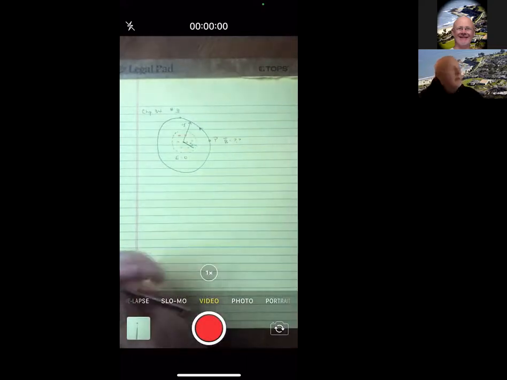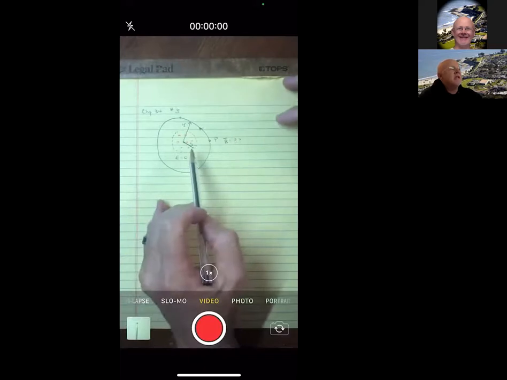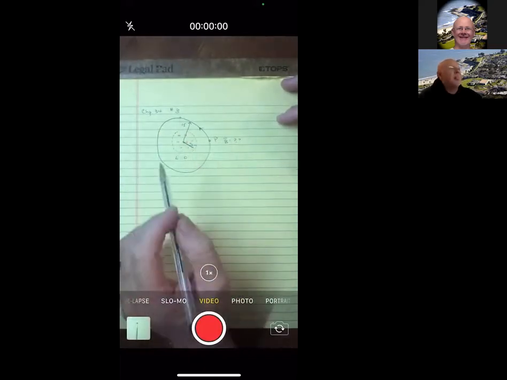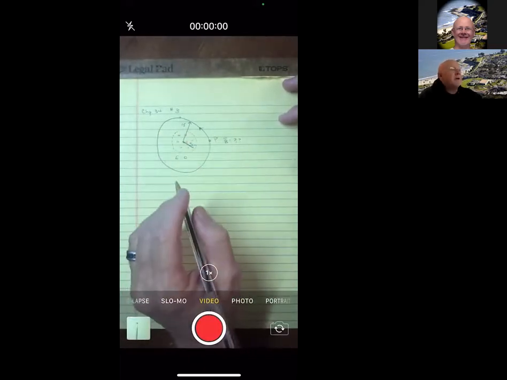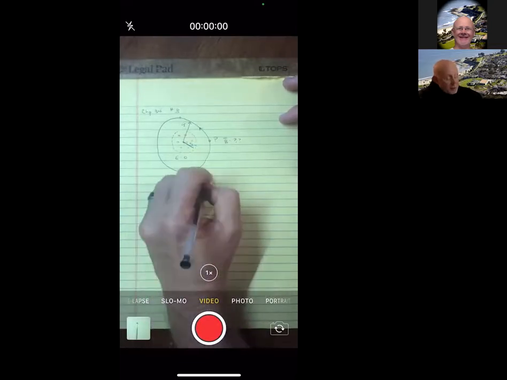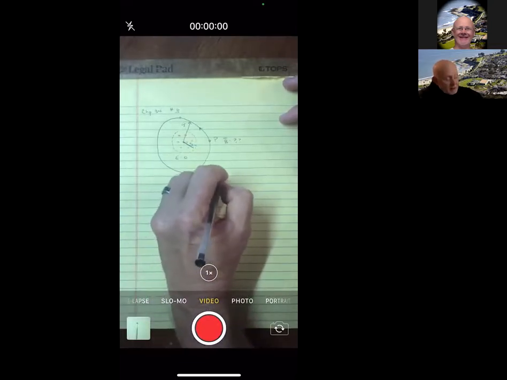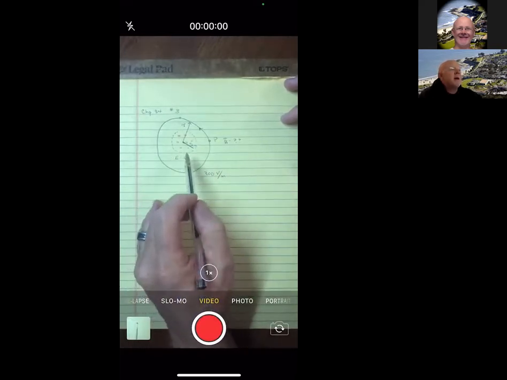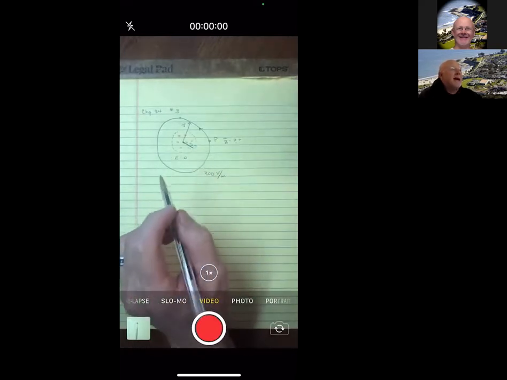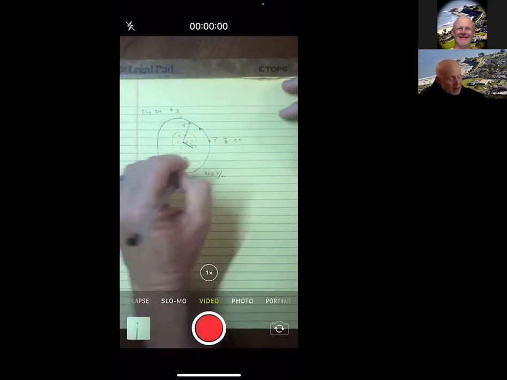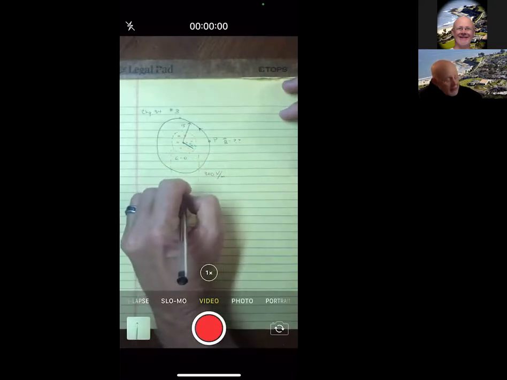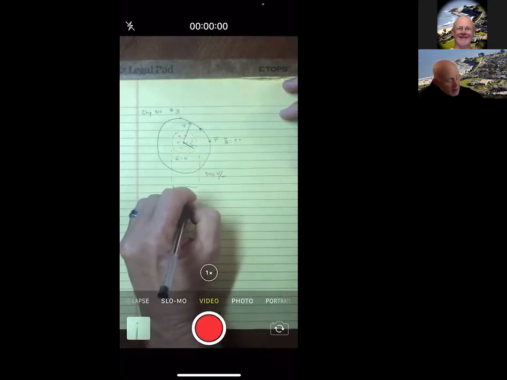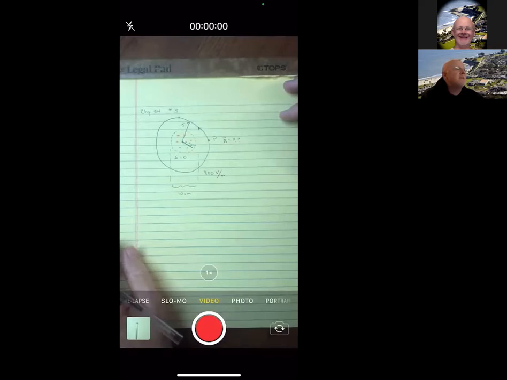In fact, I'll read the words here. It says, so consider the situation shown in figure 3. An electric field of 300 volts per meter is confined to a circular area that is 10 centimeters in diameter. So I did the radius of 5. They're showing it as a diameter of 10.